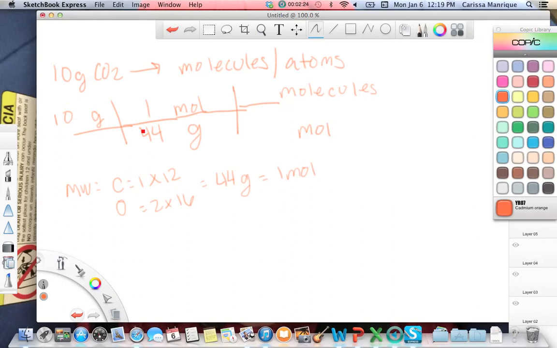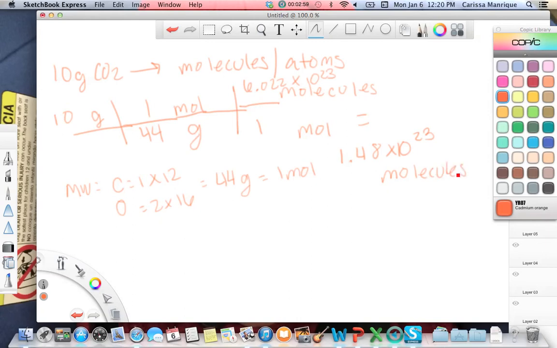Now the conversion for moles and molecules, remember for 1 mole, there are 6.022 times 10 to the 23rd molecules. So if we multiply this out, we go 10 times 6.022 times 10 to the 23rd and divide that by 44 grams of CO2, and we get 1.48 times 10 to the 23rd molecules.